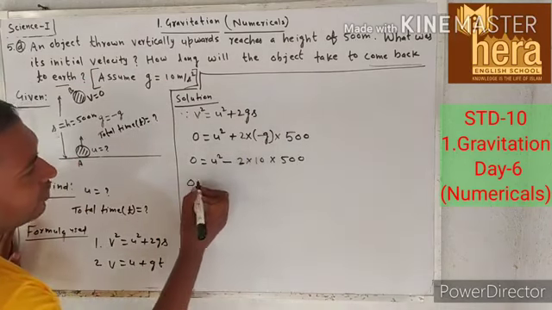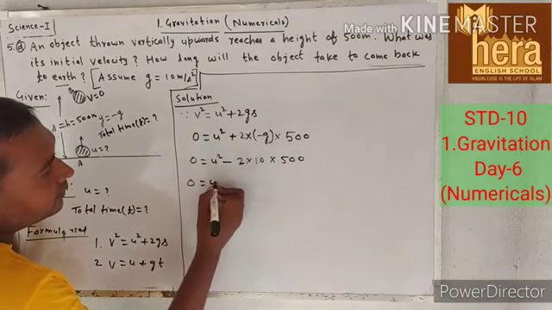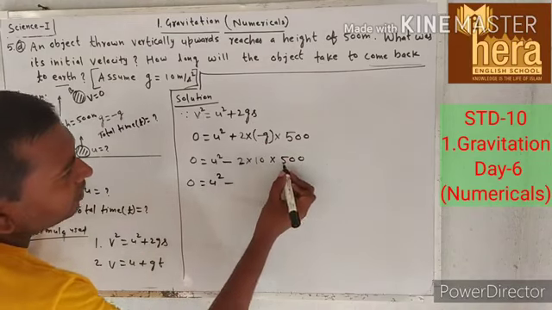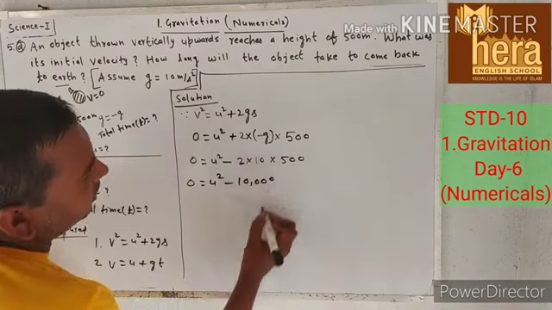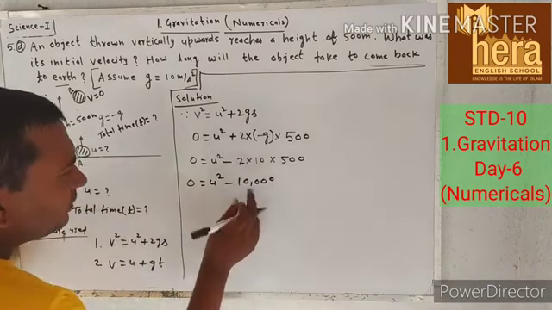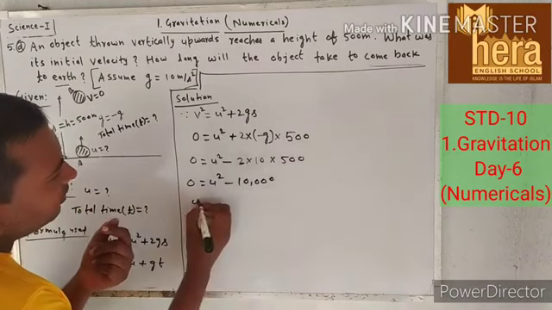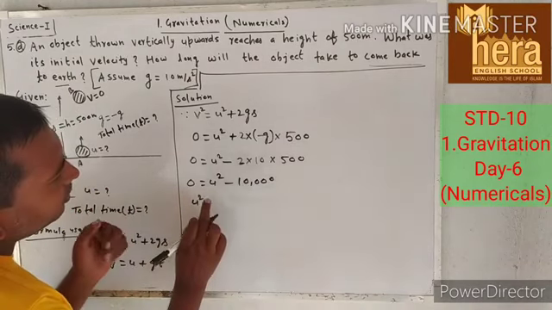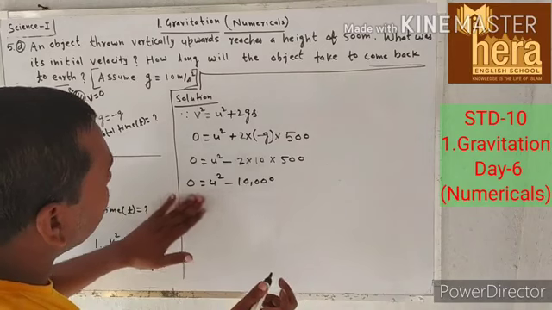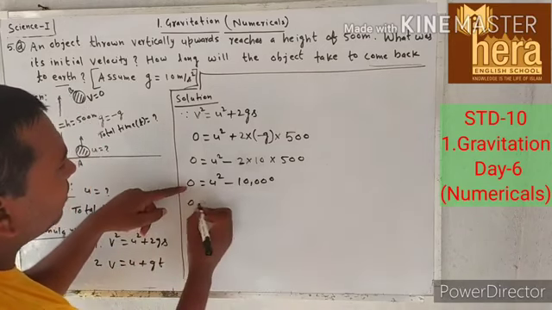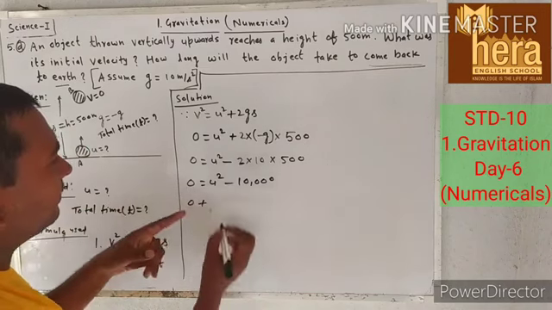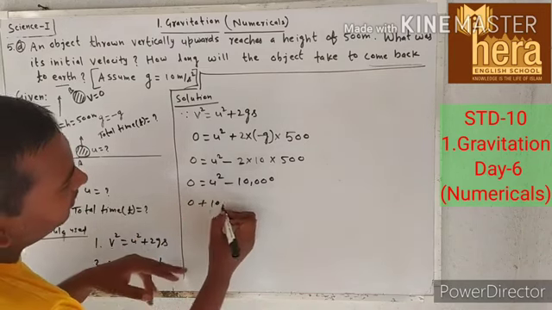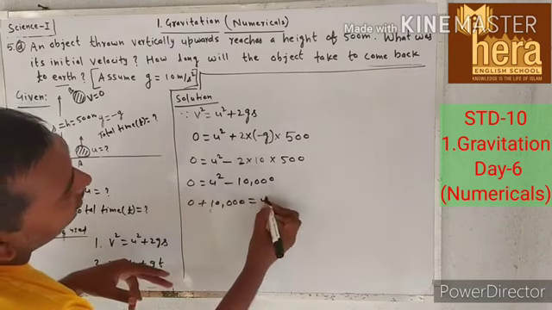So 0 square is equal to u square minus 5 to the 10, then 3 0, 1 2 3. Then therefore u square minus u square 0 plus minus will become plus 10,000 is equal to u square.